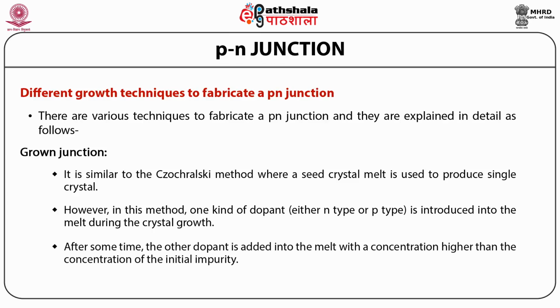After some time, the other dopant is added into the melt with a concentration higher than the concentration of the initial impurity. This abrupt change in the impurity results in the formation of a p-n junction. So a single crystal consists of p and n type semiconductors.